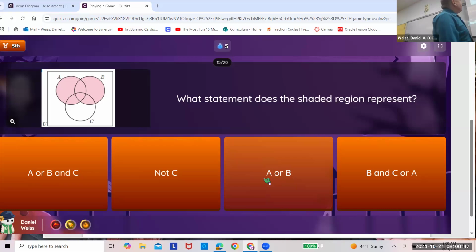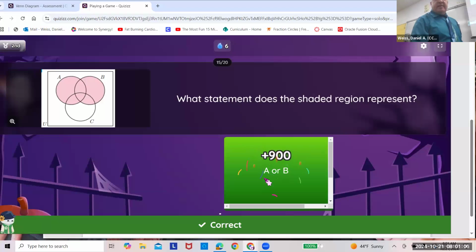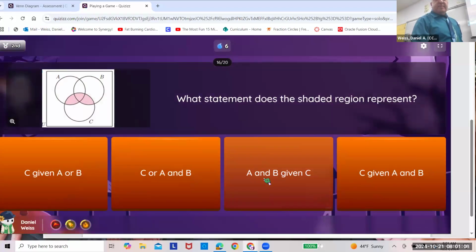I guess what we're gonna do here is ignore C because this is A or B. All right. I'm gonna skip.